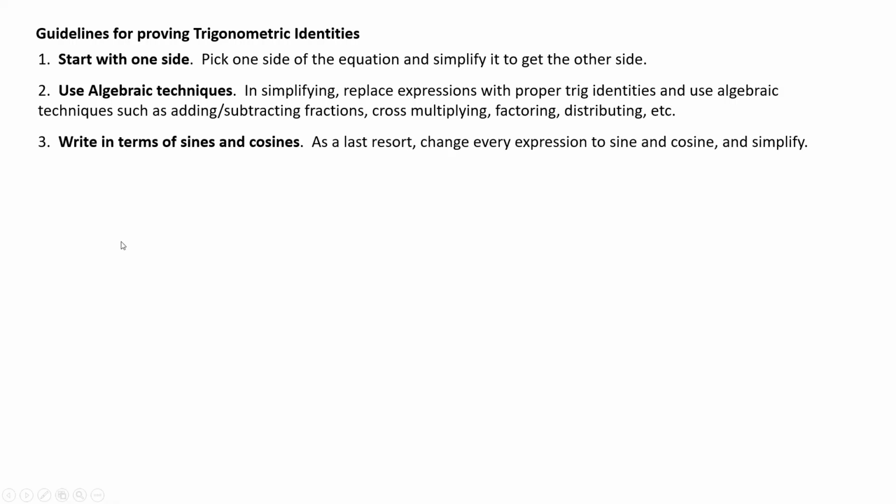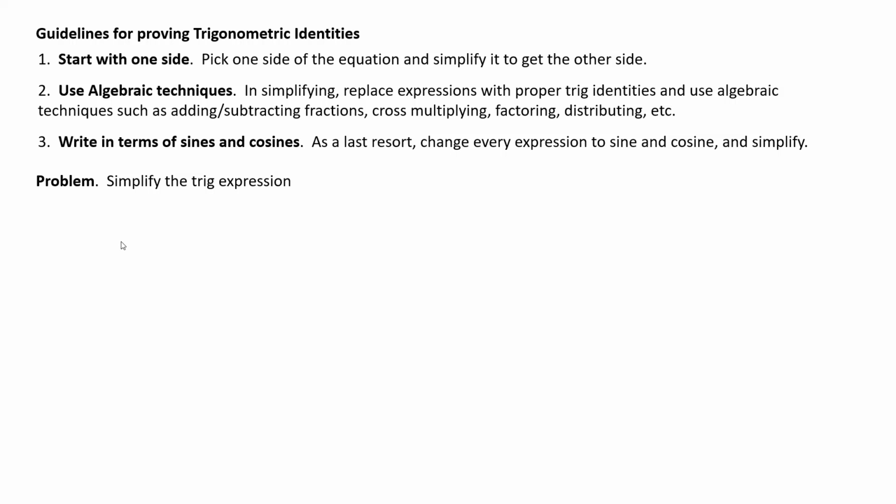And also, when you find that, man, I have no idea how to prove this, then try changing everything to sines and cosines and then simplify, as a last resort.